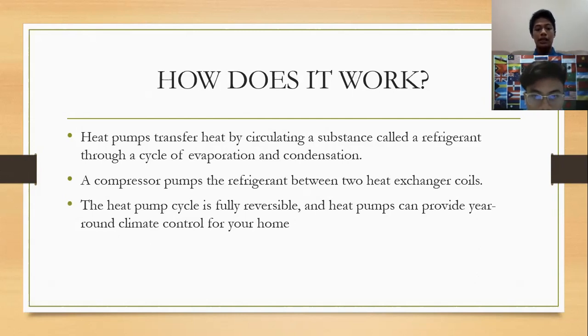So, the heat pump cycle is fully reversible and heat pumps can provide year-round climate control for your home. It means that it can be used in either heating mode or cooling mode. In heating mode, the outdoor coil is an evaporator, while the indoor coil is a condenser.